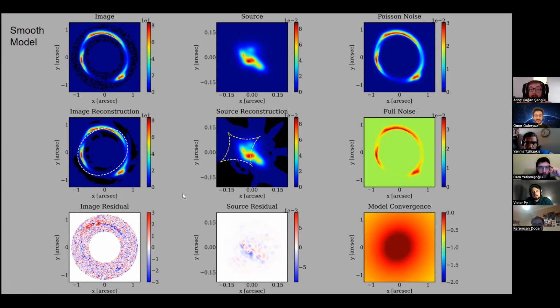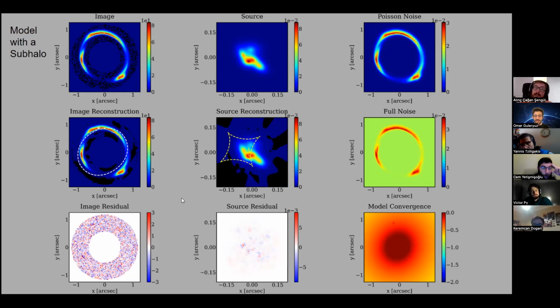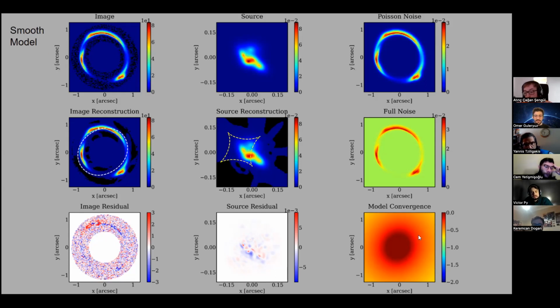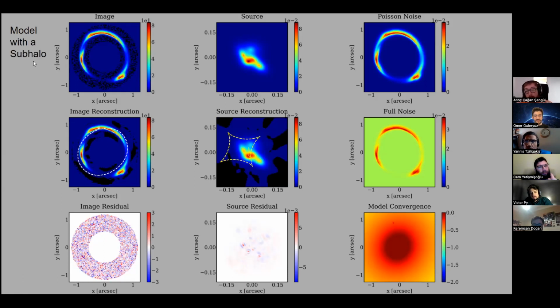So when you add a subhalo to this model, but let me go back to the smooth model first. The model convergence is the 2D surface mass density when you look at here. Now, if I add the perturber, the subhalo, to our model, the position of the subhalo, the mass of the subhalo, and the concentration, which tells you how dense it is, are freely varied.